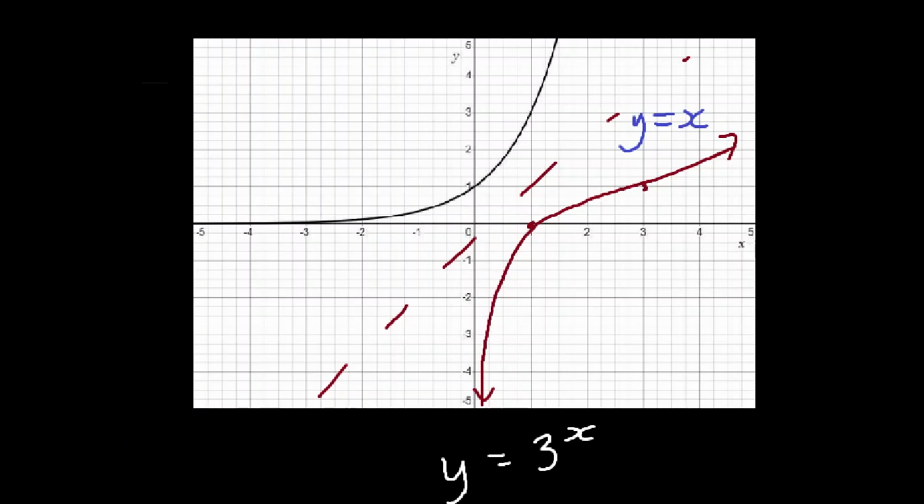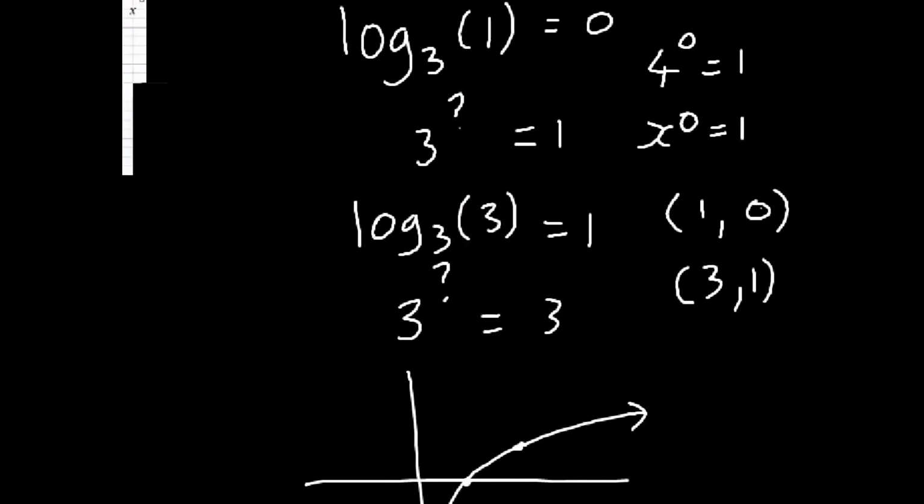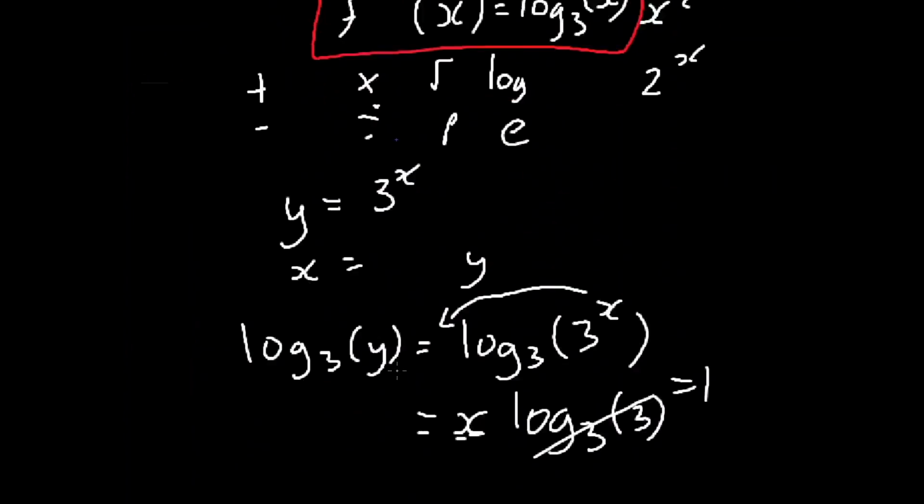1 mark is for just saying that it's the inverse and it's a reflection of 3 to the power of x across the line y is equal to x. So let's put that in words so we know what to write for the exam.